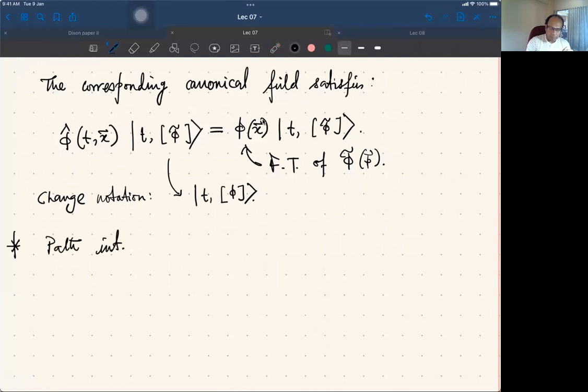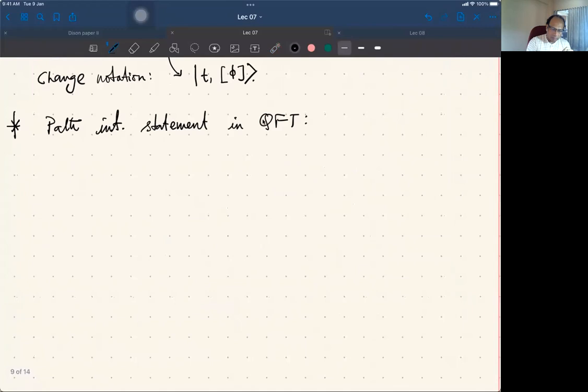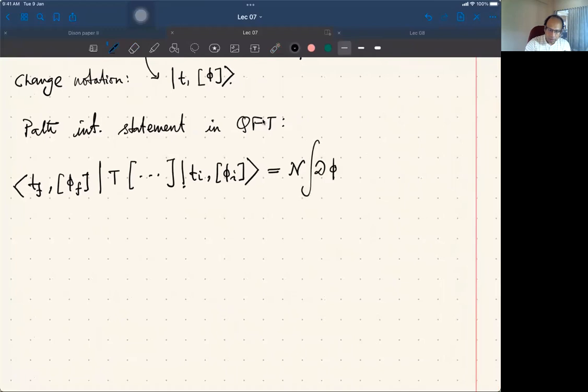So the path integral statement in QFT will be the matrix element between Ti comma phi i and Tf comma phi f, then the time ordered product of a bunch of insertions at Ti phi I, should be given by some suitable normalization times integral d phi I to f e to the power i over h bar S_if of phi, and the insertions corresponding to these operators sitting here.